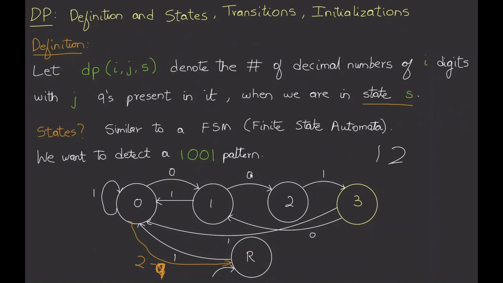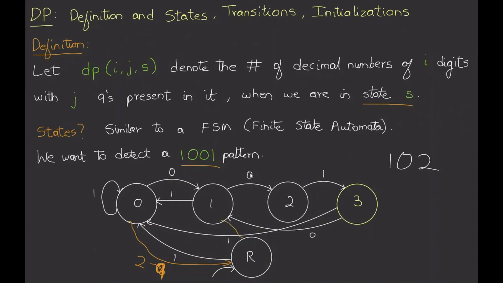In detecting this pattern 1001, we have reached a state where we did not start detecting it still. So we can go back to the state R and again repeat the same process. So maybe it is possible that we have something like this. So we were at 1 0 and then suddenly we saw a 2. If that was the case, then again from here you can see we just have the 0 and 1 case.